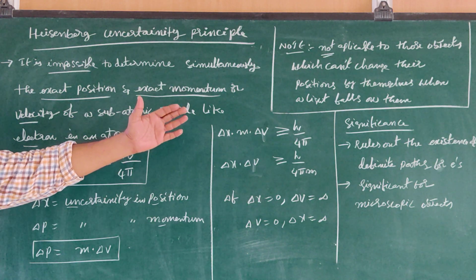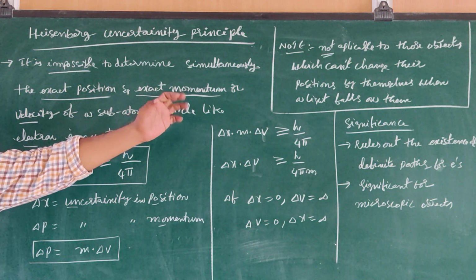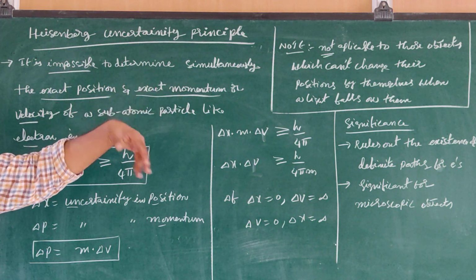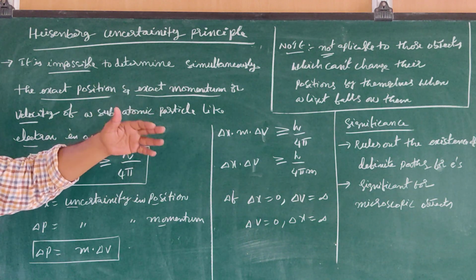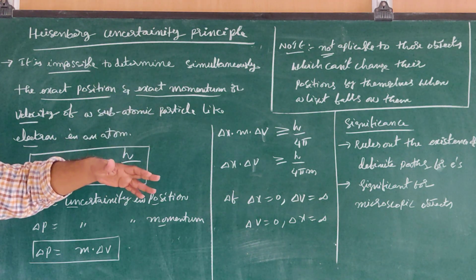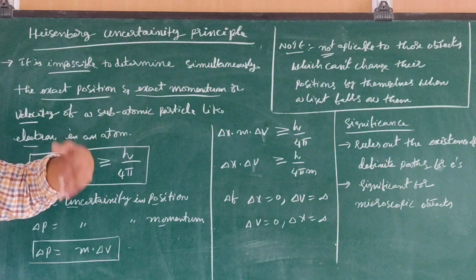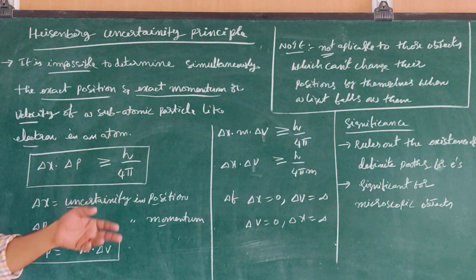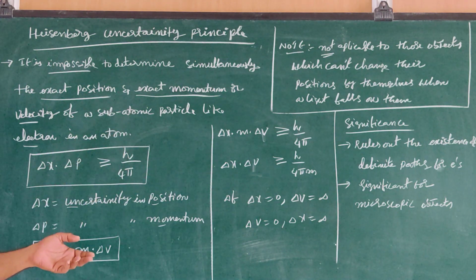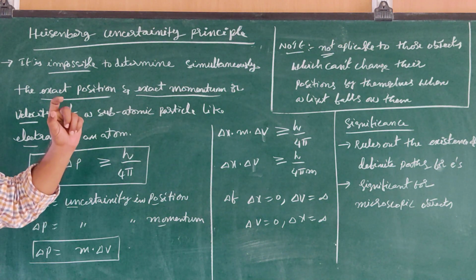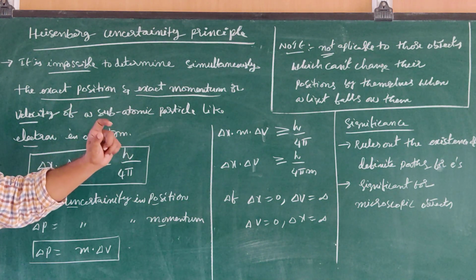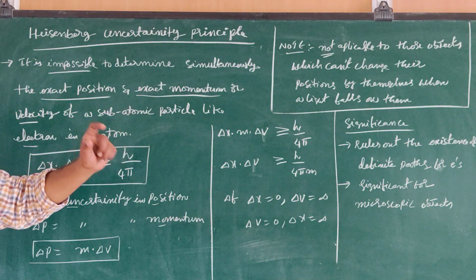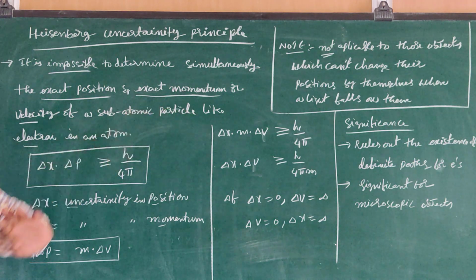It rules out the existence of definite paths for electrons. In Bohr's theory, there are particular paths which are called orbits. In these orbits only, electrons can revolve around the nucleus. This type of exact paths for electrons in the atom, he cannot accept.